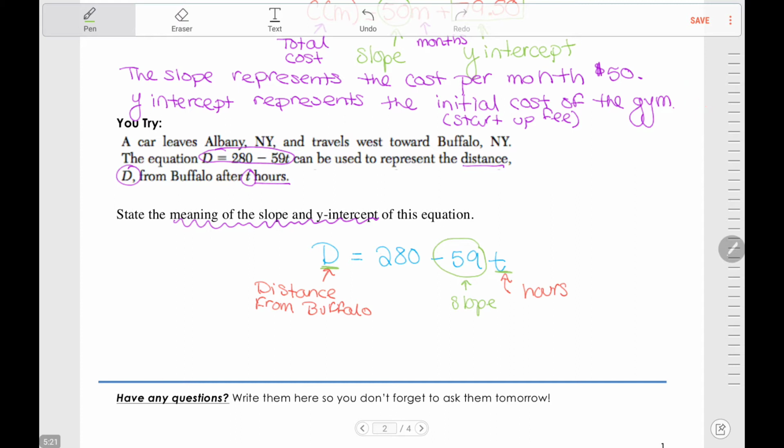In the past, we said miles per hour. We don't know for sure that this is in miles, but we can say our slope, the 59, represents the speed they are traveling.